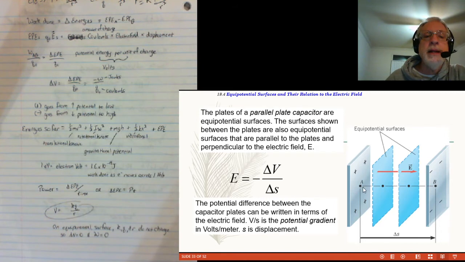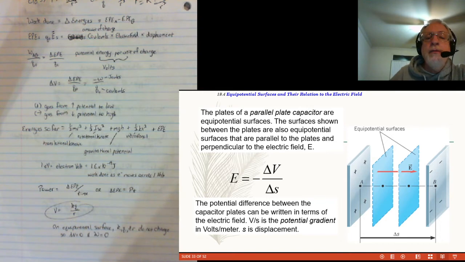Not meaning that it's the same distance from positive and negative, but everywhere along this plate is the same distance from positive. And everywhere along this plate is also, although it's a different distance, the same distance from the negative plate. So that makes all of these equipotential surfaces as well.